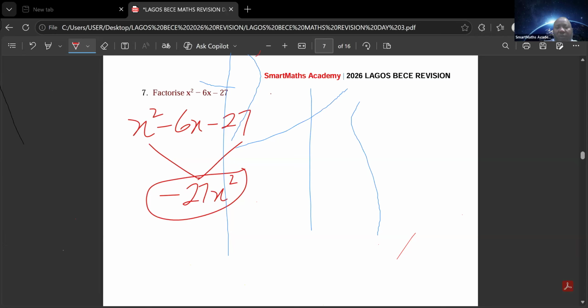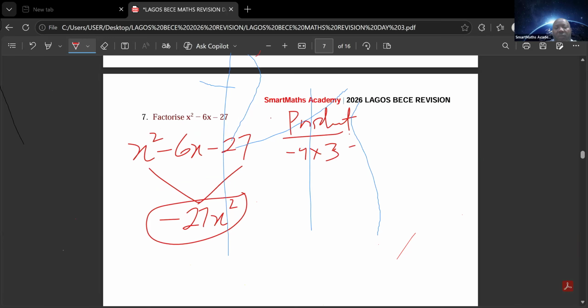So the products first. We can make use of 3 times 9 gives us 27. So we can see minus 9 times 3, this will give us minus 27.